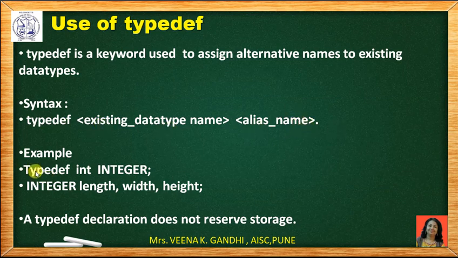For example, typedef int integer: int is the existing data type and we are giving the new name integer. Using this new name, we create variables. So length, width, height are variables of type integer. A typedef declaration does not reserve any memory or storage, it is just a new name given to existing data types.